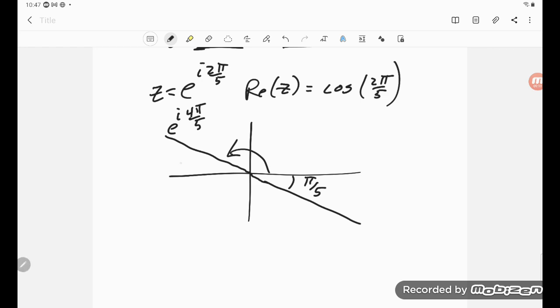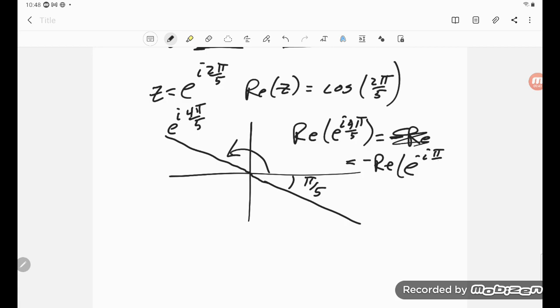What we see here is that the real part of e to the i 4 pi over 5 is equal to minus the real part of e to the negative i pi over 5.